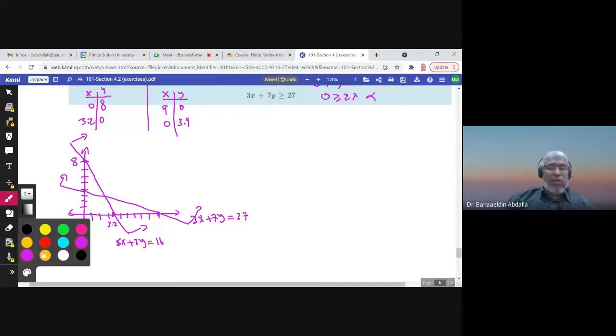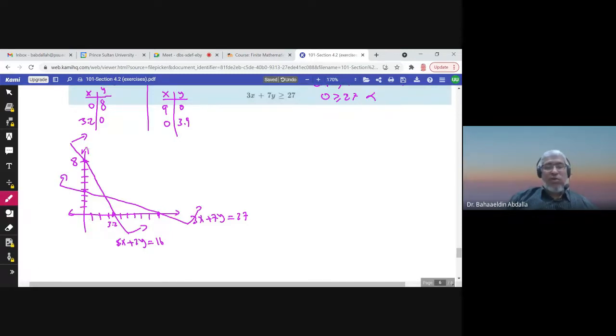But notice that the graph also starts at y equals 0, and y should be greater than 0 and x greater than 0. So from here to here, then to here, and then to here, and the graph continues like this. Okay, so this is the region.